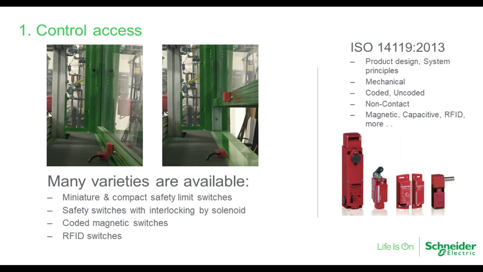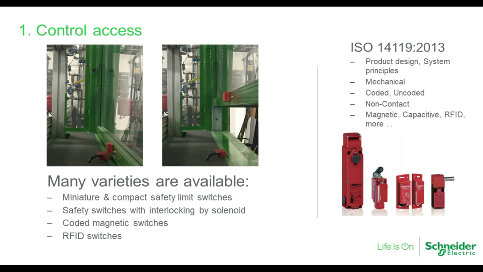Another little footnote, because I didn't really put it on here, or a picture of it anyway, is that a lot of the standards that refer to controlling access also cover things like light curtains, which don't prevent materials from moving in and out, or people, arms, hands, from moving in and out of a hazardous area, but they also are there to help with that control of the access and to shut the machine down before a person can come into contact with it.